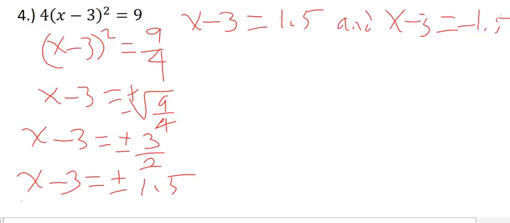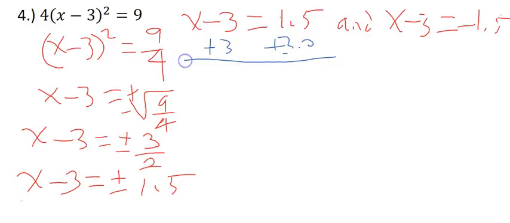Okay, so here we add 3 to both sides. So x equals 4.5. And here we add 3 to both sides also.